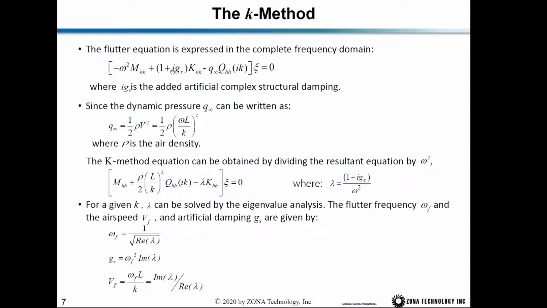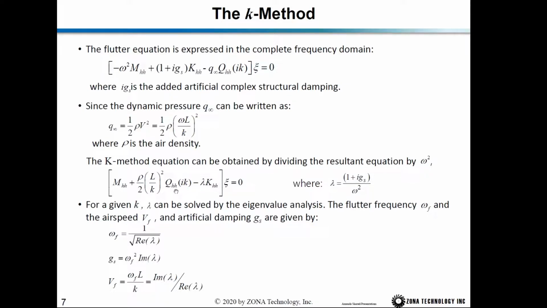Then we add an artificial complex structural damping in front of the generalized stiffness, and then we can rewrite the dynamic pressure into half rho times omega L divided by K squared, because V equals omega L over K, and rho is the density. And then we divide this equation by omega squared.